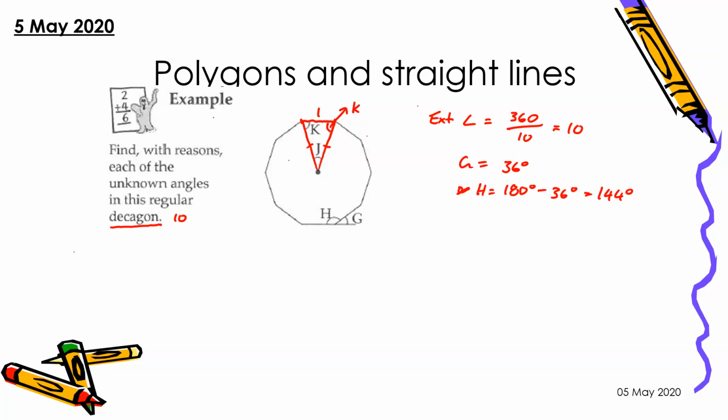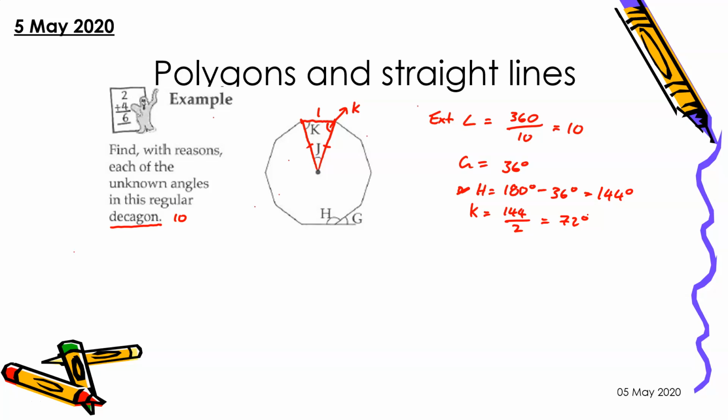So is there a way that we can work out one of those answers? Now, one of the options is to know that H is 144. Well, to work out K, what we could do is go 144 divided by 2, which is 72 degrees.